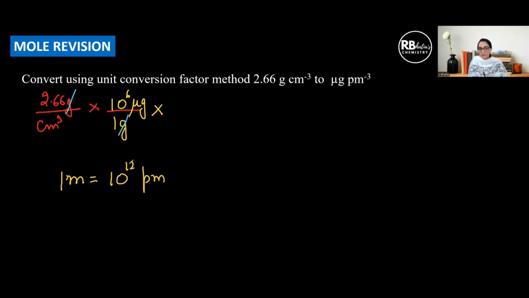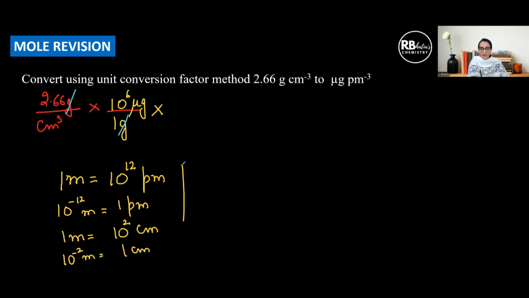Pico is 12. 1 meter is 10 to the power 12 picometer, or 10 to the power minus 12 meter is 1 picometer. And then we also know 1 meter is 10 to the power 2 centimeter, or 10 to the power minus 2 meter is 1 centimeter. We are familiar with these conversion values. Fine.